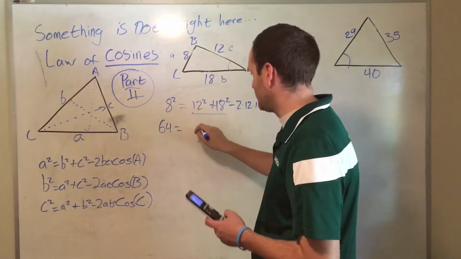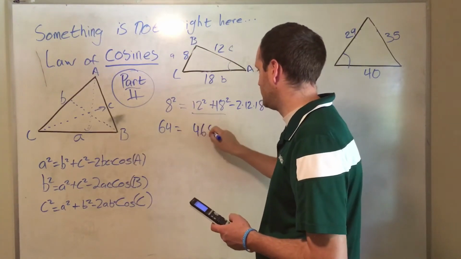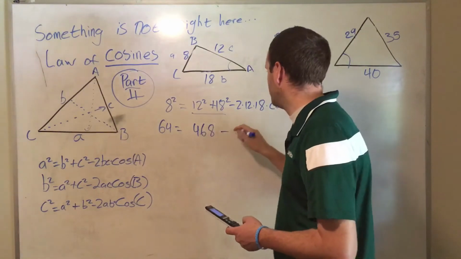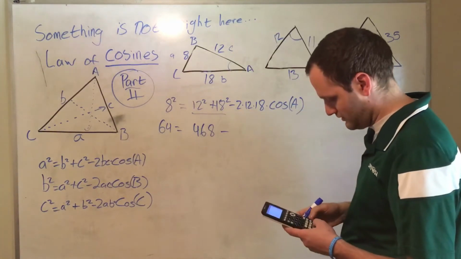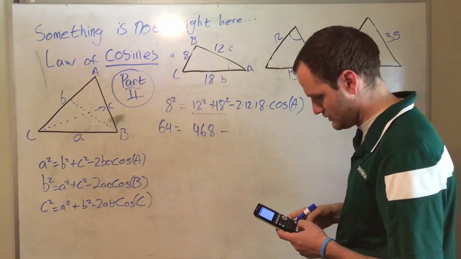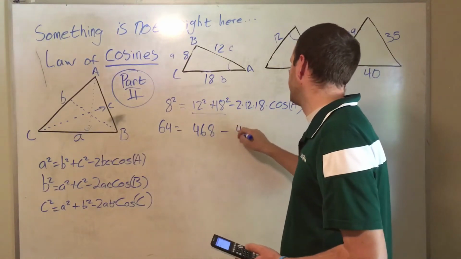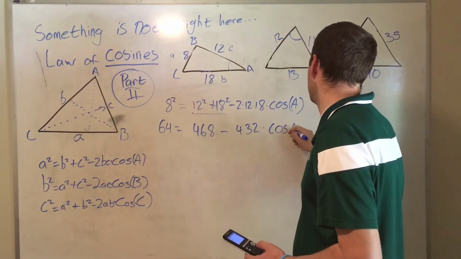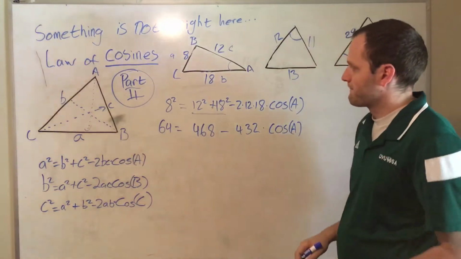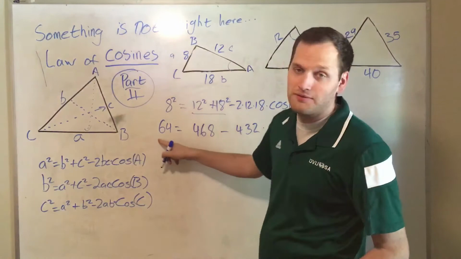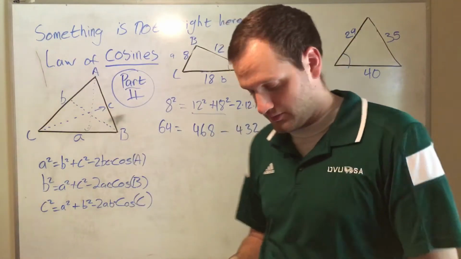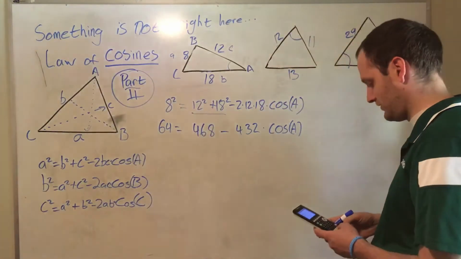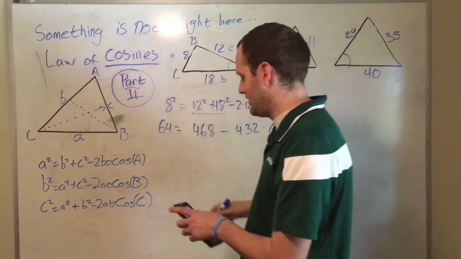That gives me 468 minus 2 times 12 times 18, which gives me 432, times cosine of A. Alright, how would I move the 468 over to this side? I would subtract. So 64 minus 468 gives me negative 404.